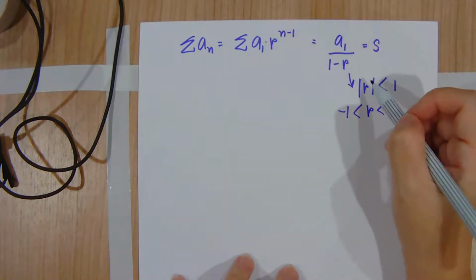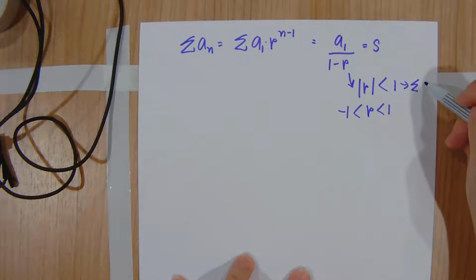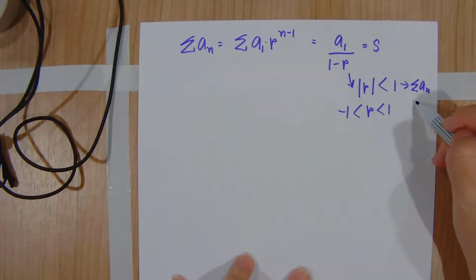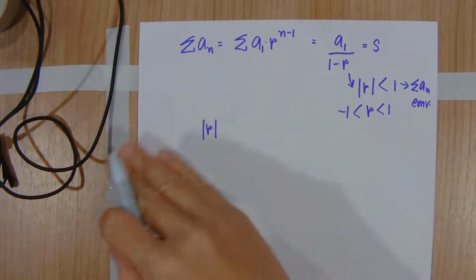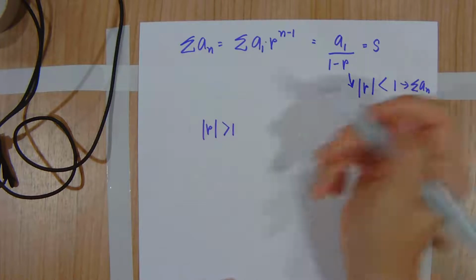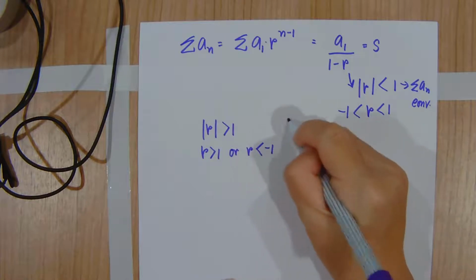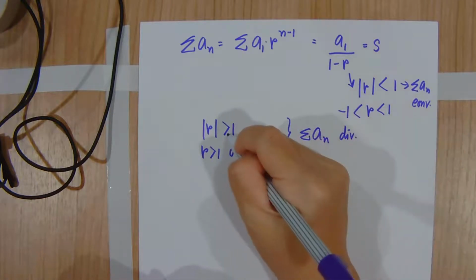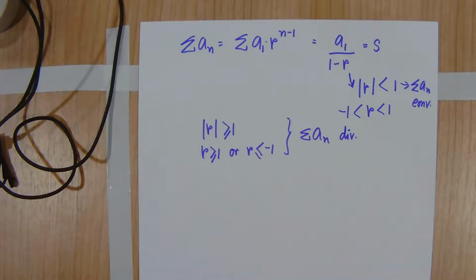In that case, this is the value of the sum, and your series converges. If it is the opposite, that means the absolute value of r is greater than 1, so r is greater than 1 or r is less than negative 1, and our geometric series diverges. So this is the comparison with the geometric series.